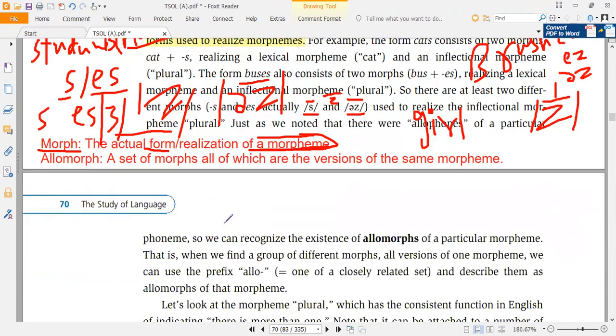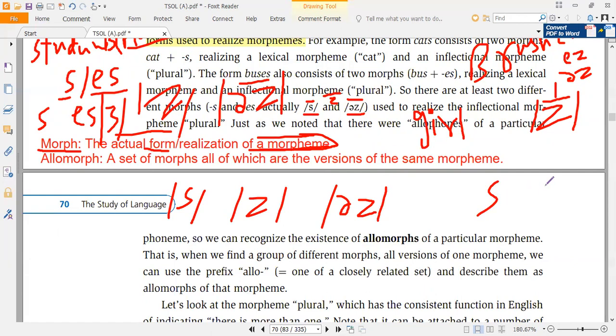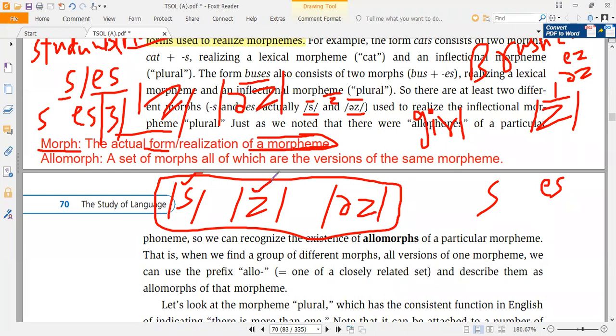Now, what is meant by allomorph? If we look at s, z, and iz, or in writing S and ES, don't you think it is a set of morphs? Morph number 1, morph number 2, morph number 3.